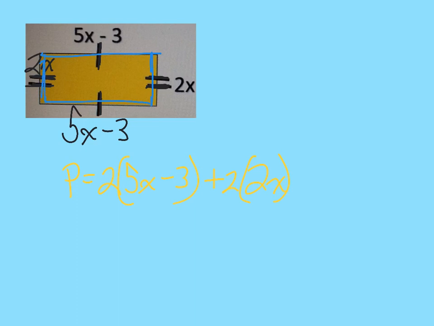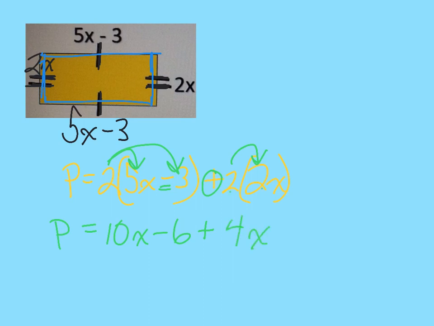So let's distribute. I'm going to multiply this through, and that's going to give me now a perimeter that is 10x. Going to multiply through here. Remember, the sign is negative. That's negative 6. Plus, I'm going to go over here, 2 times 2x. 2 times 2 is 4x.